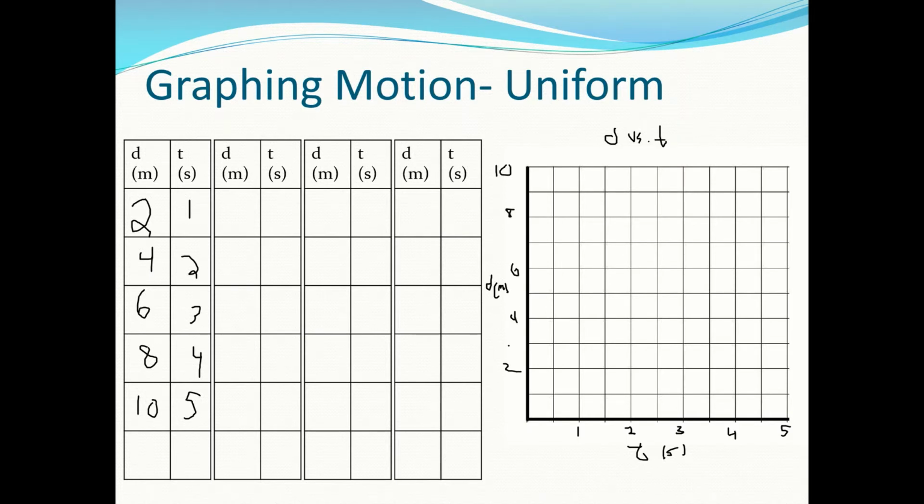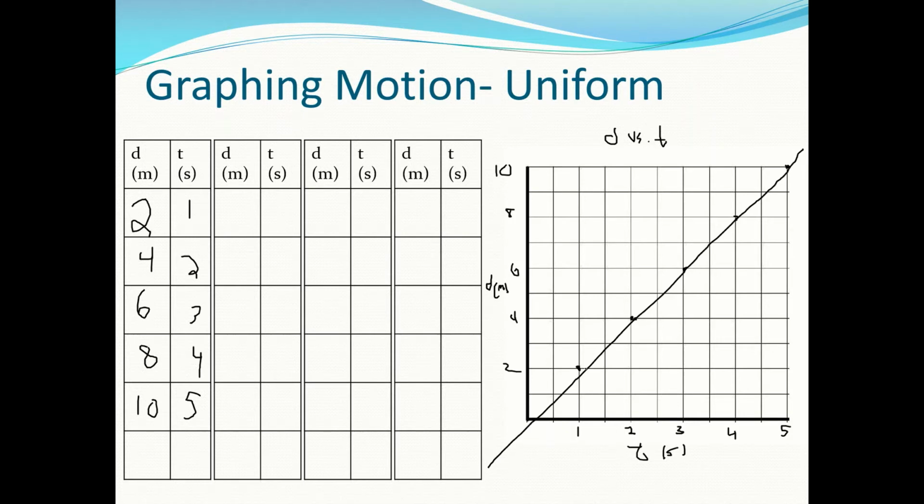And if we graph this out, 2 meters at 1 second, 4 meters at 2 seconds, 6 meters at 3 seconds, 4 is at 8, and 10 is at 5. So I can draw a terrible line of best fit with no ruler like that.